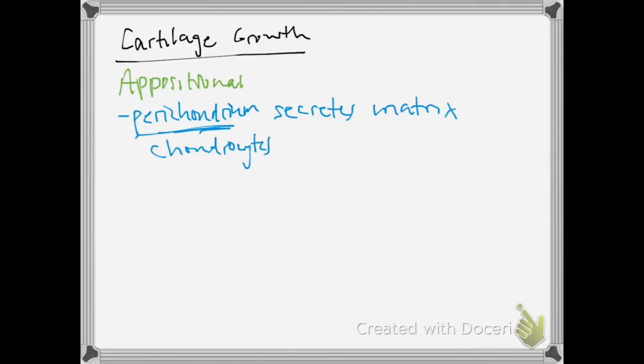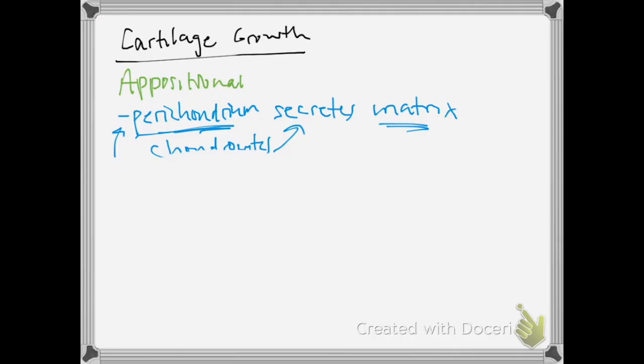And it's this interaction between the perichondrium and the chondrocytes secreting this matrix. Chondrocytes are your cartilage cells, so these are going to make cartilage, but to get to cartilage you have to have this matrix first, and then you add some things to get it to cartilage. So it's this interaction of these chondrocytes beneath the perichondrium to get this secretion of this matrix, and this matrix is then going to become cartilage.